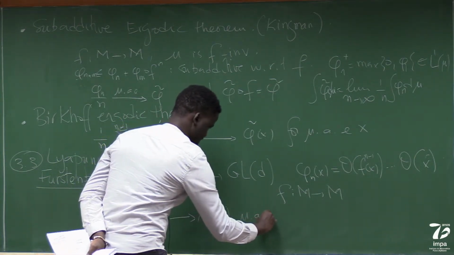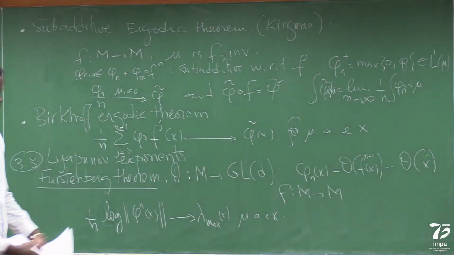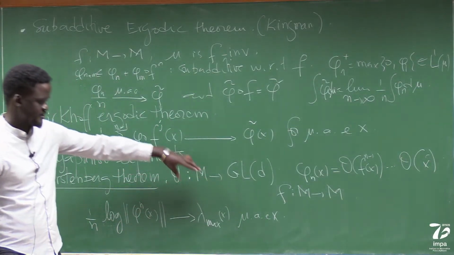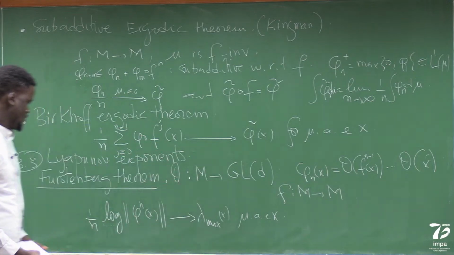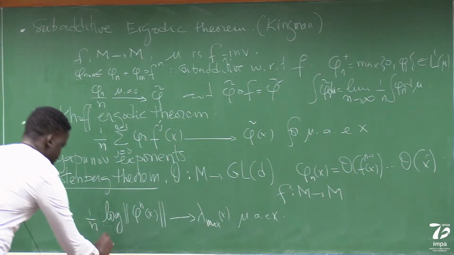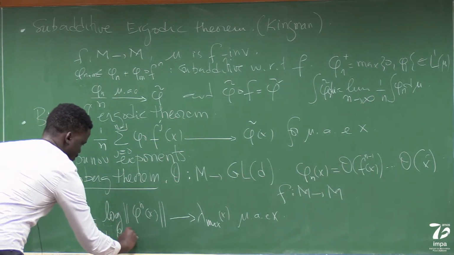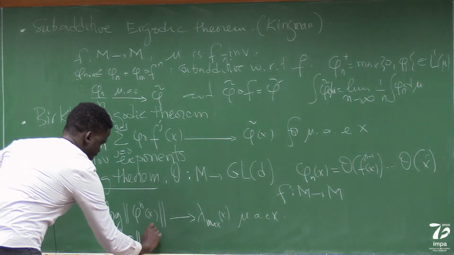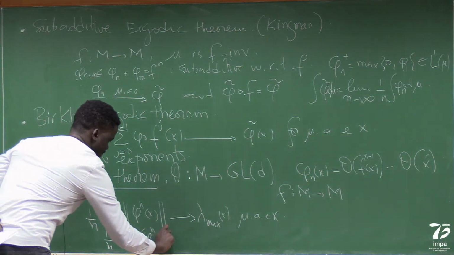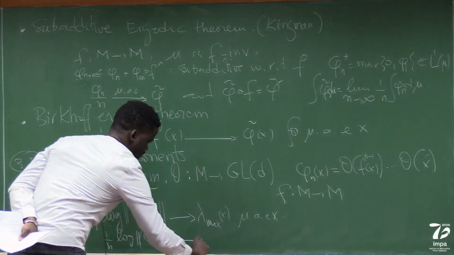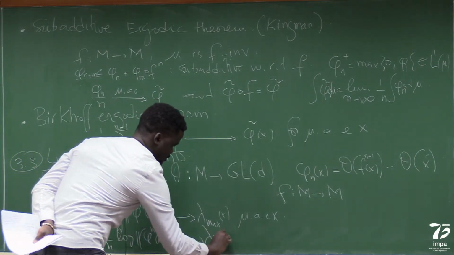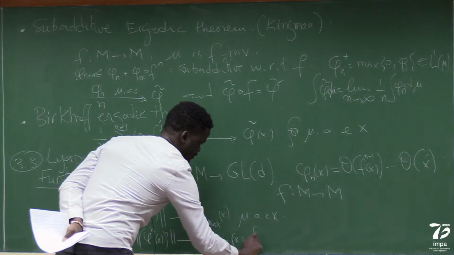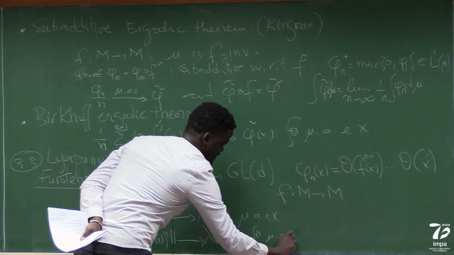So you have this function, the biggest Lyapunov exponent, which is a measurable function on your space. And similarly, 1 over n times the log of the norm of phi n of x inverse is also converging to the minimal Lyapunov exponent for mu almost every x.